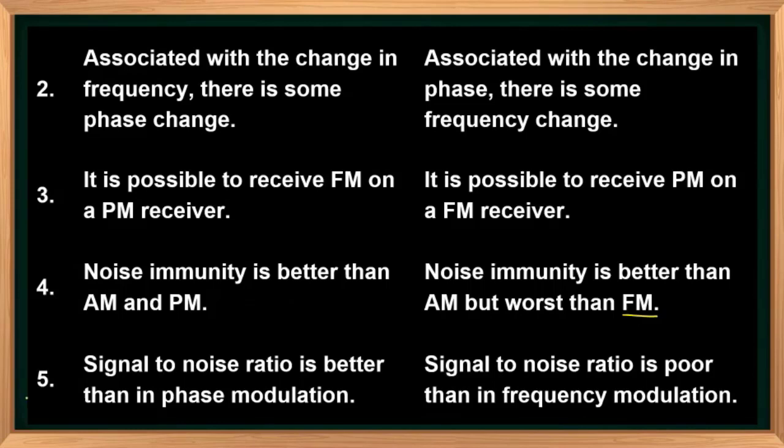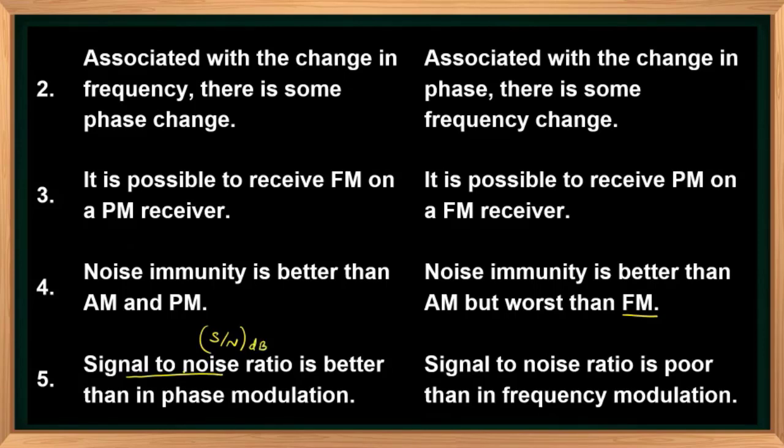The fifth point is that the signal to noise ratio is better than in phase modulation. The S/N ratio is a measure of signal strength over noise strength. It is signal power divided by noise power, usually expressed in dB.